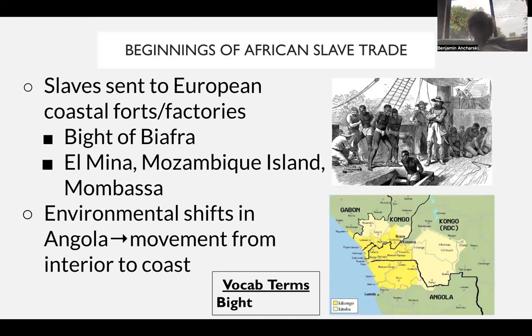That leads to more slaves. So we do start to see that from this desire by European companies for enslaved people, in order to meet that demand, African states oftentimes go to war with each other in order to centralize power and enrich both themselves and Europeans.